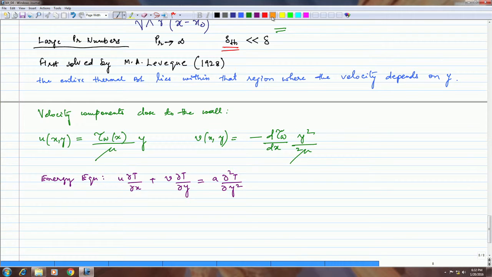So this is a PDE, a partial differential equation. We can reduce this to an ordinary differential equation using a similarity transformation.